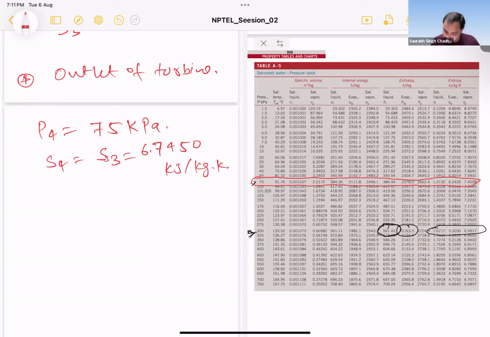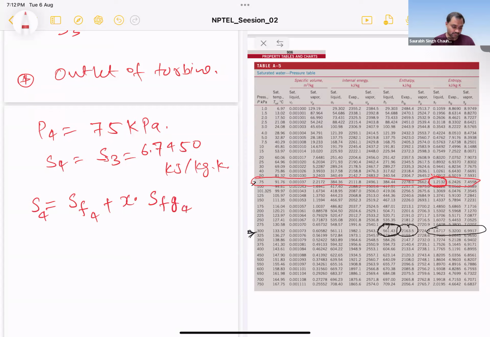We will check the entropy values, and S4 will be equal to Sf at P4 plus x into Sfg at P4, where x is quality.